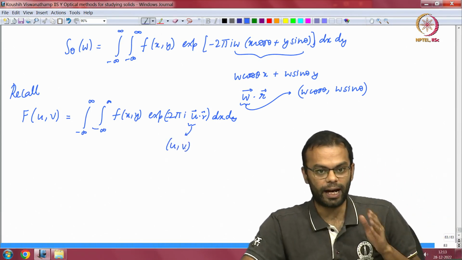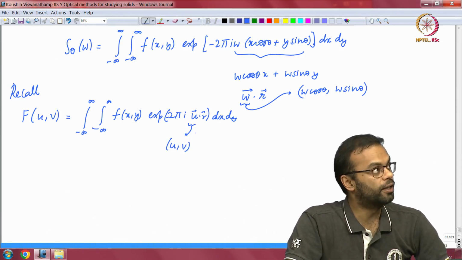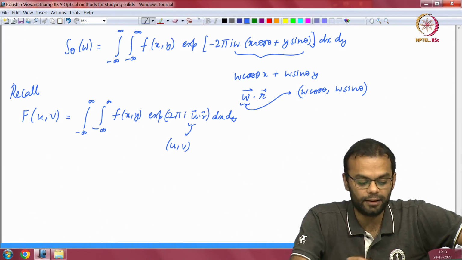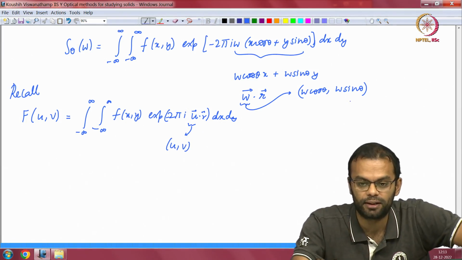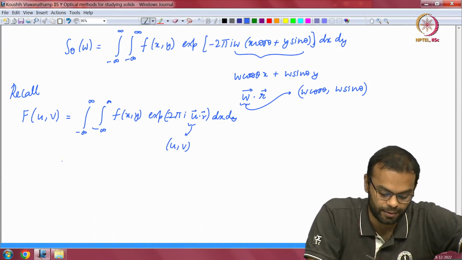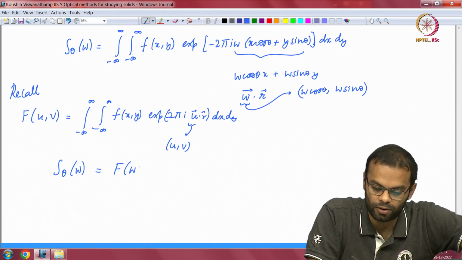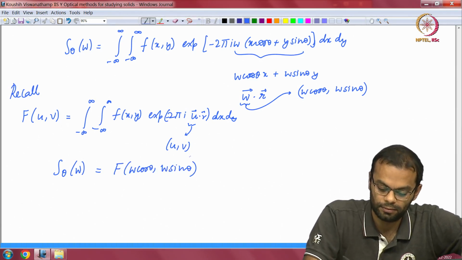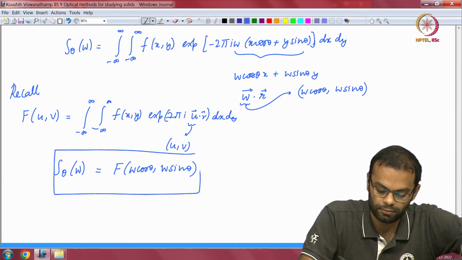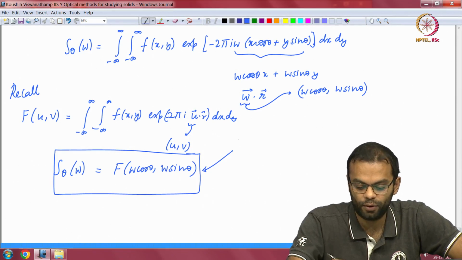So, the actual 2D Fourier transform had u comma v corresponding to u bar, and the s theta of w, the 1D Fourier transform of the projection, has w cos theta comma w sin theta. So, this basically means that s theta of w is nothing but F of w cos theta, w sin theta. Okay, so, this is called the Fourier slice theorem.